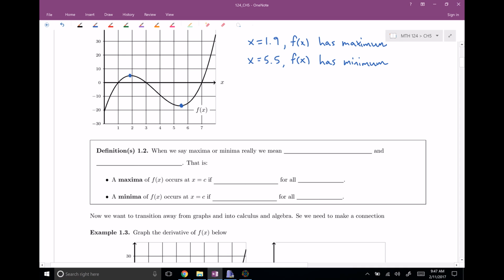So let me talk a little bit about technicalities, right? Technically, when we say a maxima or a minima, we really mean a relative maxima and relative minima.